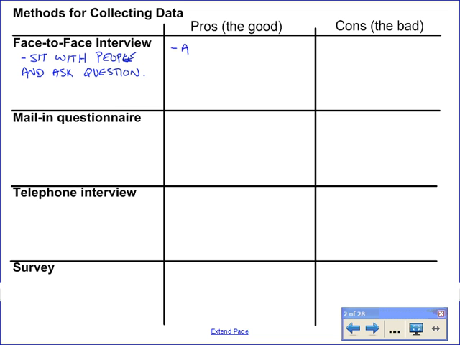You get very accurate data. This is because if people don't understand the question, you're there to clarify. You can do follow-up questions. So let's say there's something that you didn't think of and you want to further pursue it. You can take an interesting answer that someone gave you and take it a little bit further, and you can do follow-up questions. Okay.